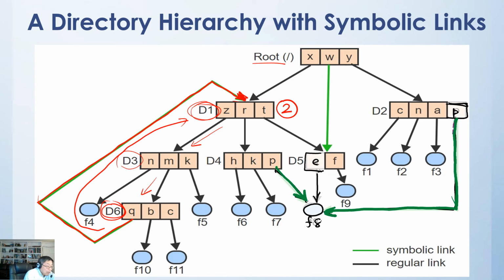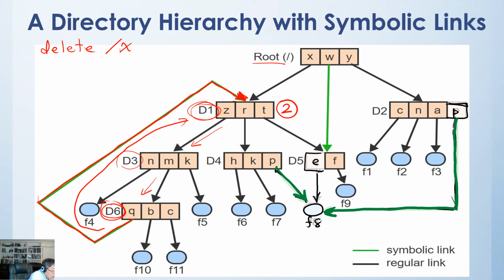Okay, now if we actually perform a delete operation, like a delete /x, so I delete this directory through one path, that's the path from the root. So in that case, it can actually delete /x.